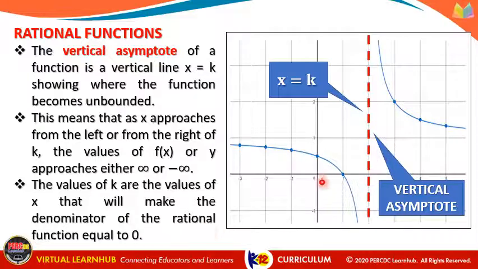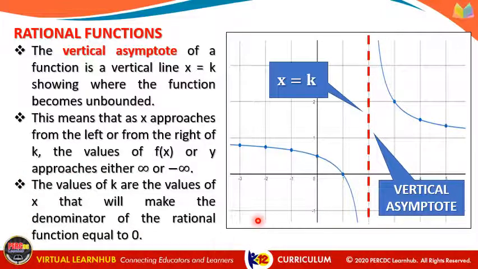So, kung ano daw yung mga values ng x na magpapa-undefined sa ating rational function, yun yung k natin. Again, kailan ulit mag-undefine ang rational function mo? That is if your denominator is equal to 0. So again, the third definition, this will be our guide later in finding the vertical asymptotes.